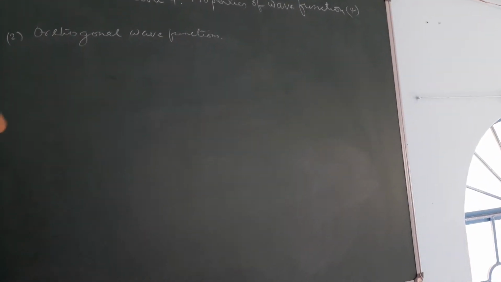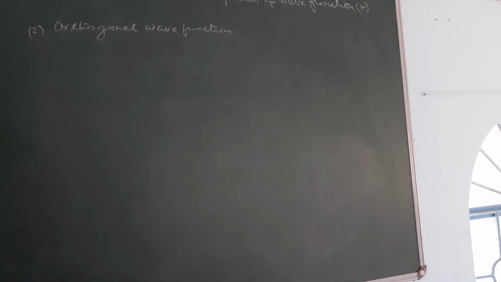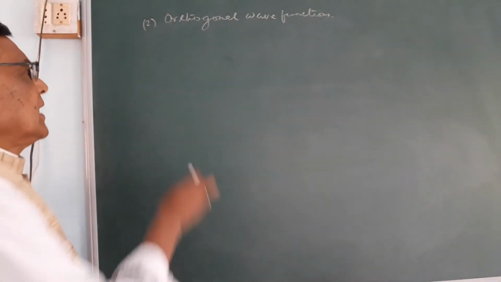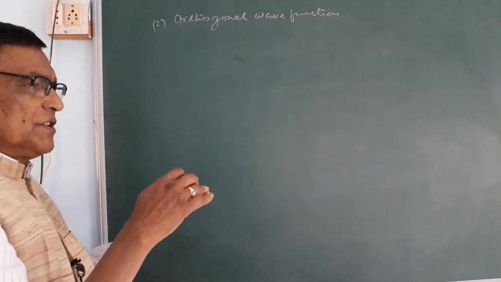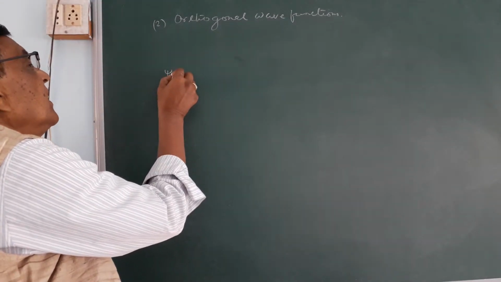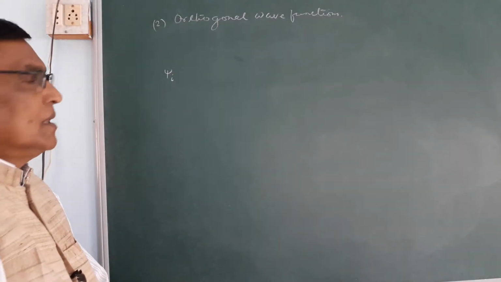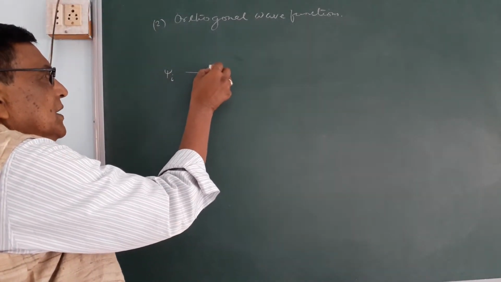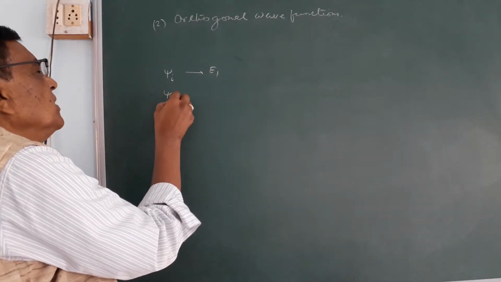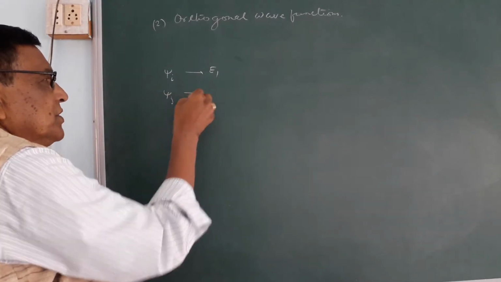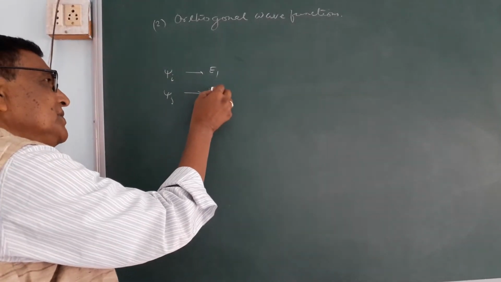Orthogonal wave functions. Whenever we solve the Schrödinger equation of a system, we can get several solutions of psi and E. Suppose psi i is the wave function corresponding to its energy E1, and psi j will be another wave function for this system having energy E2.